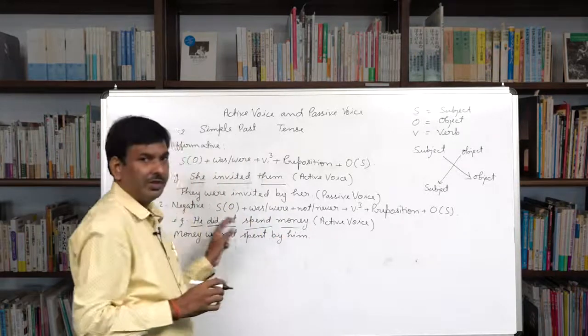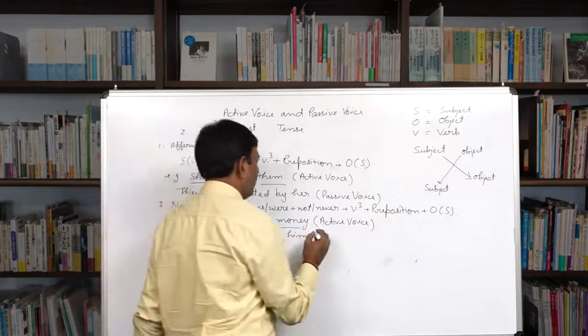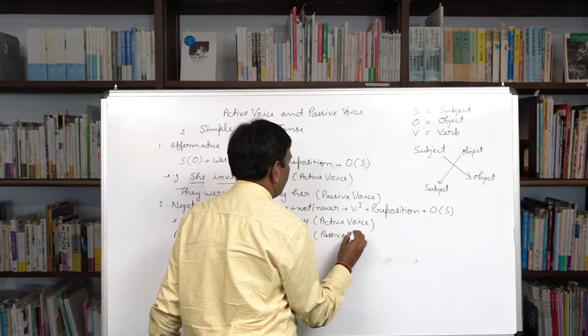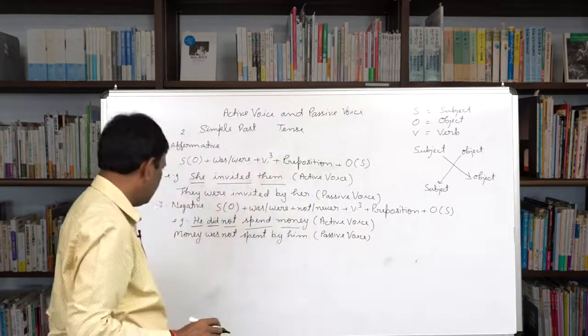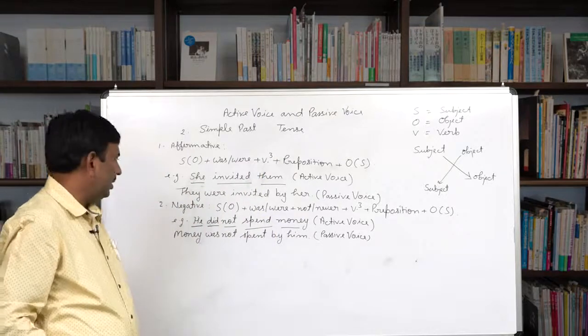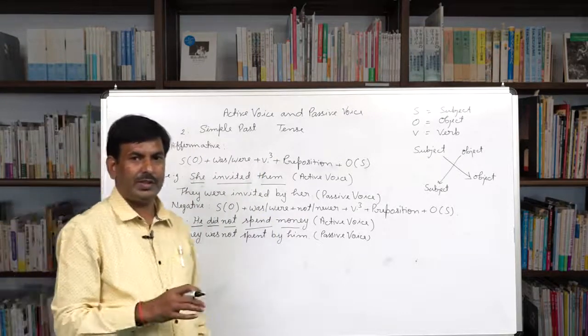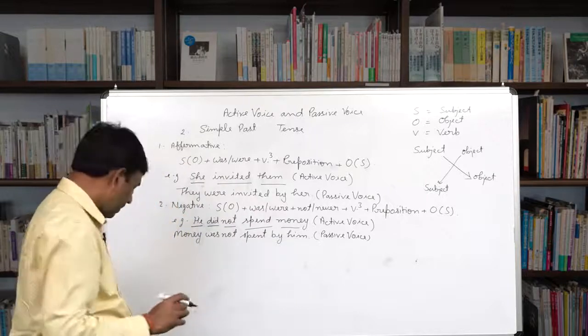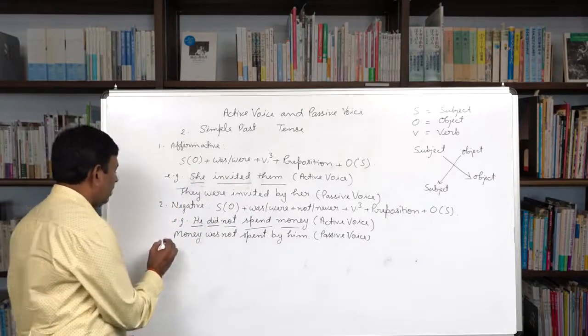Him is the object of he. This is passive voice. Now, dear students, I think you are getting all the things, all the rules. Now, let us begin number 3.